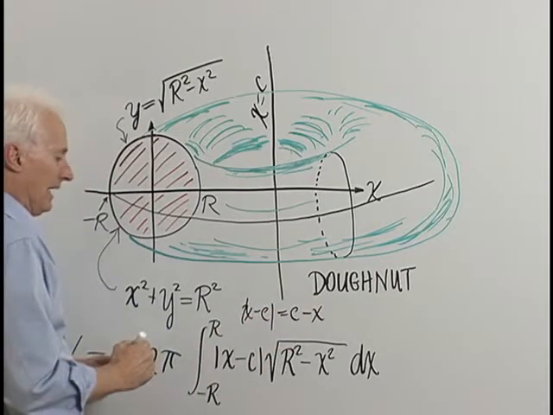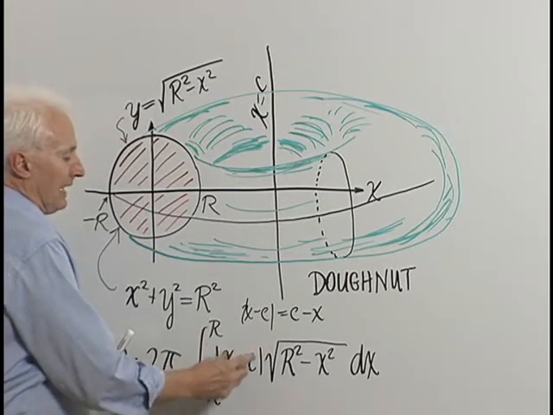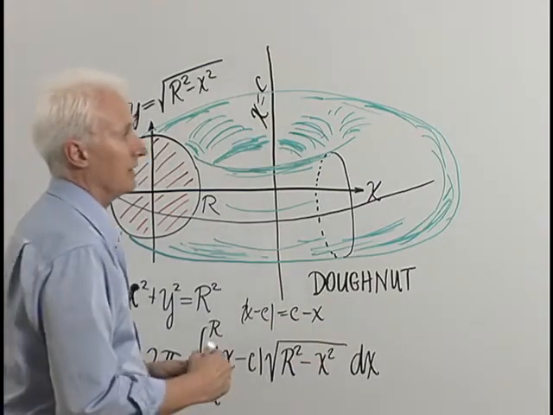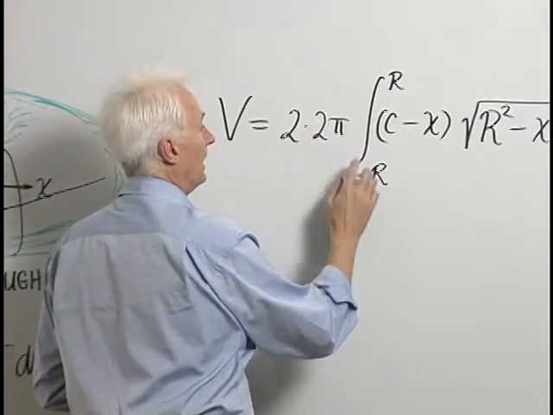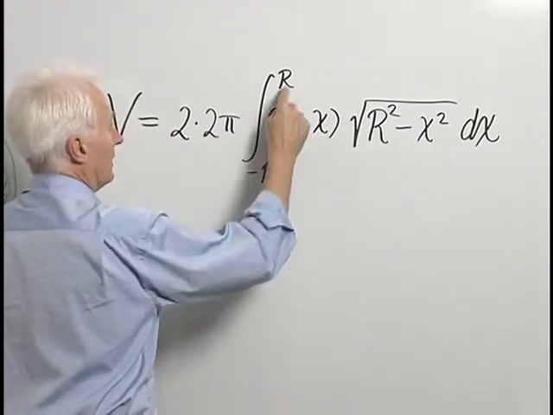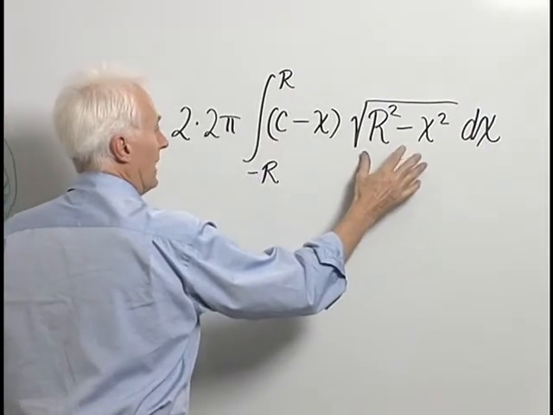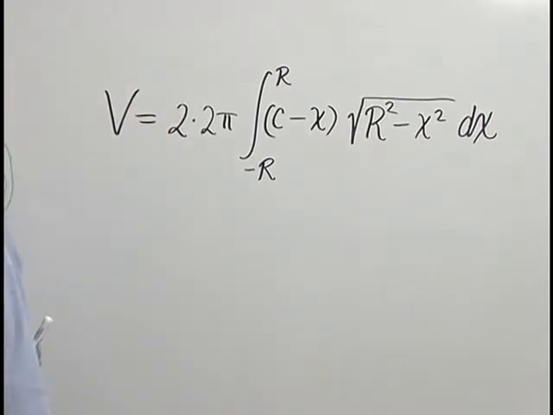So because of that, over this region −R to R, the absolute value term is going to be replaced by simply c − x. So consequently, our volume is 2 times 2π ∫ from −R to R of the quantity (c − x) times the radical R² − x² dx.